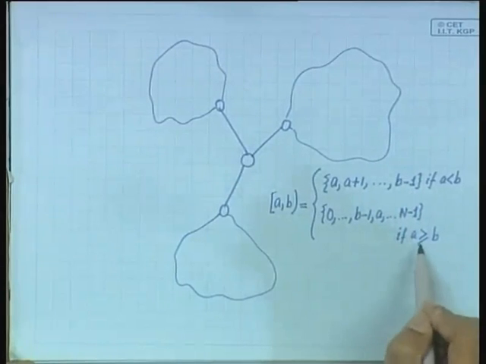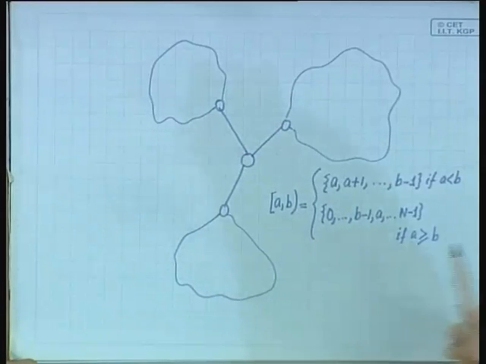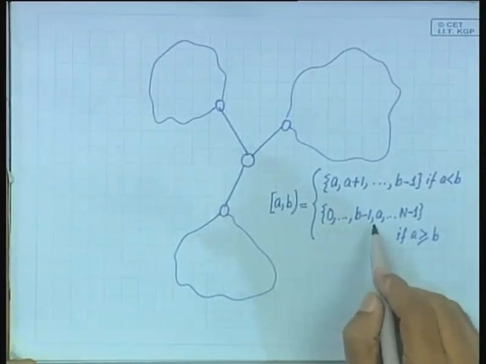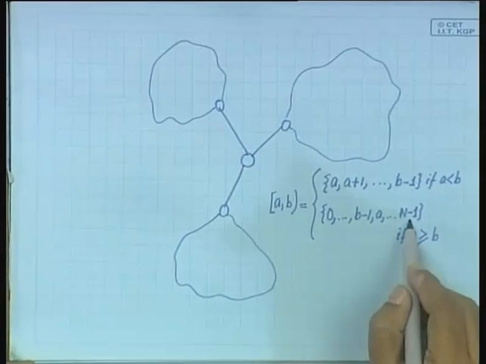If A is greater than or equal to B, then it is actually the numbers from 0 through B minus 1 and then from A through N minus 1.